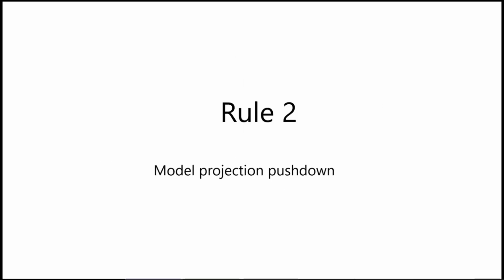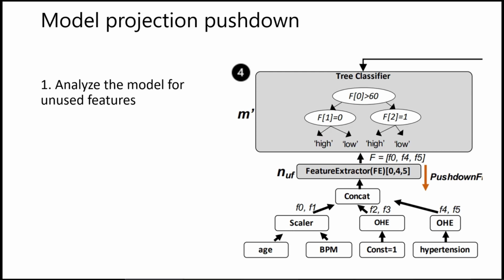Then I'll go through rule 2, which is model projection push down. This rule is kind of similar to the predicate-based model pruning, but you can think of it as predicate-based model pruning in sort of reverse. So we have a tree classifier here.